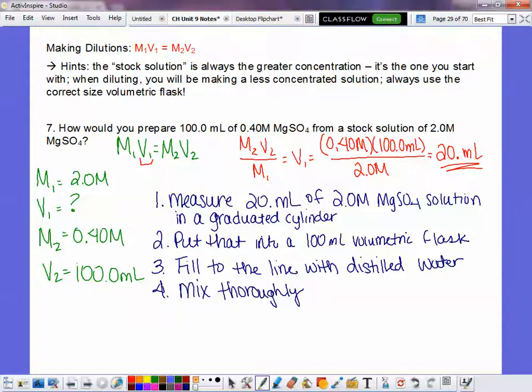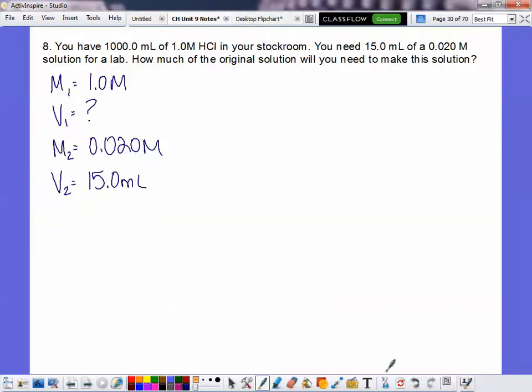Number 8 is going to be almost identical to number 7, just different numbers. All right, so as I was saying, 1.0 molar is our M1, 0.020 molar is our M2. We want to make 15 milliliters of that 0.020 molar solution. So 15 is my V2.